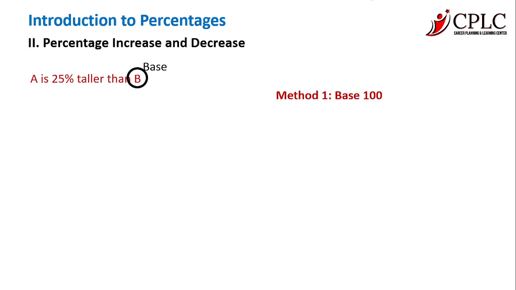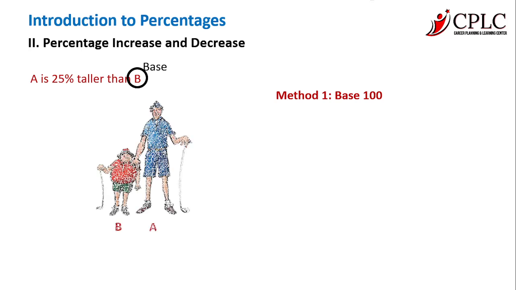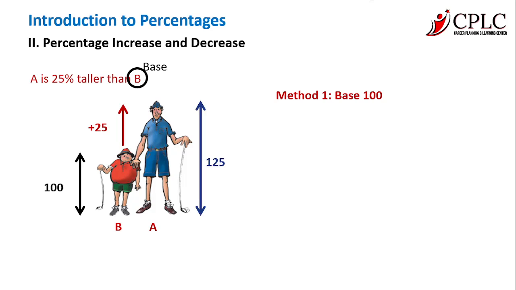So 25% of 100 becomes 25 only. It is taller, so we should be adding it to the number. So a's value becomes 125. Simply remember, whatever the base value is, assume that as 100. It was taller, so we added; if it were shorter, we would have subtracted that number. And this is how you can figure it out.